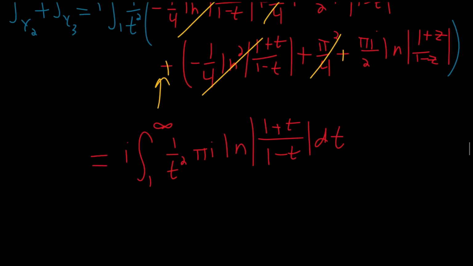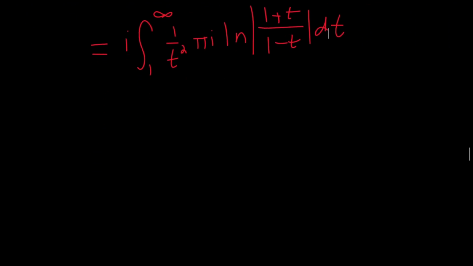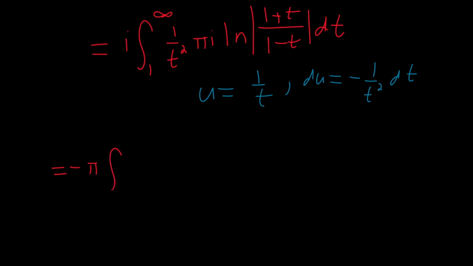And this integral actually is not super terrible to evaluate, and the reason for that is because we can just say u is equal to 1 over t, and we have du is equal to minus 1 over t squared dt. So, throwing all the constants outside of the integral, just to simplify things quite a bit, we have a minus pi times the integral from 1 to 0.